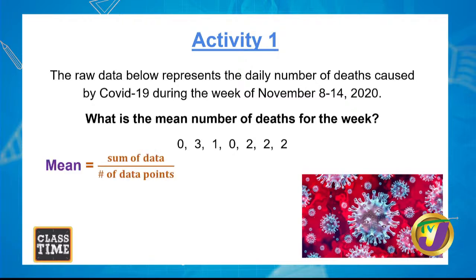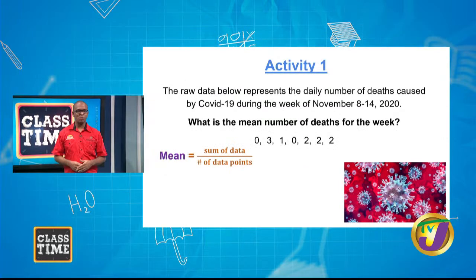Okay. You're seeing on the distribution that there are 7 numbers there representing each day of the week, right? And if we wanted to find the mean, we would have to find the sum of all the deaths that occurred during the week, and divide that number by 7.